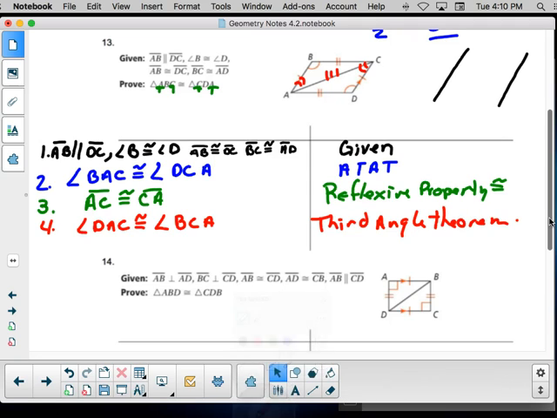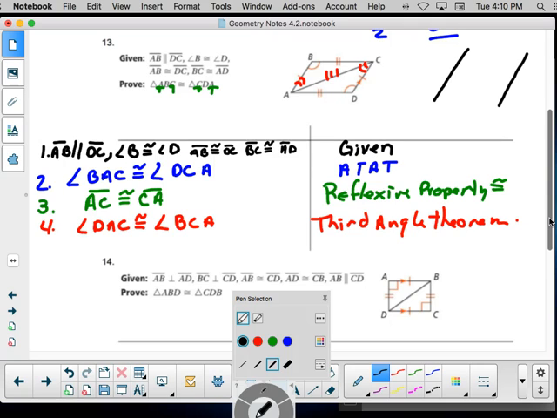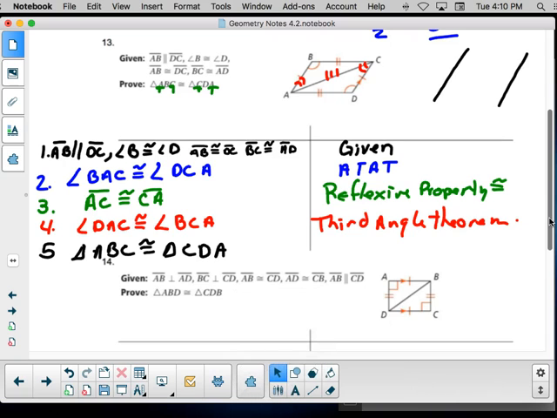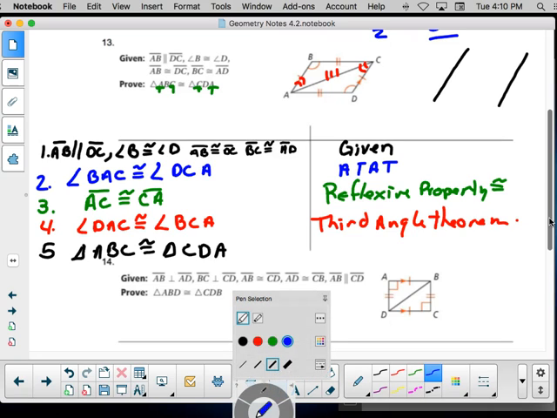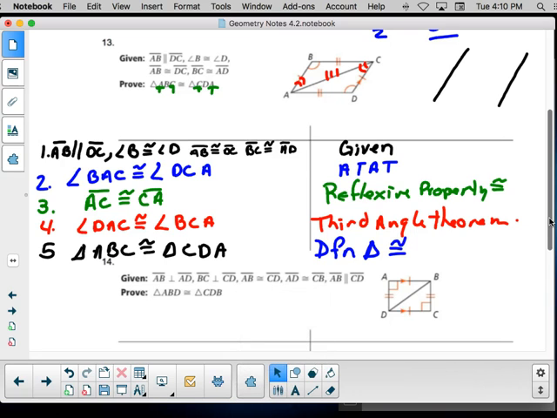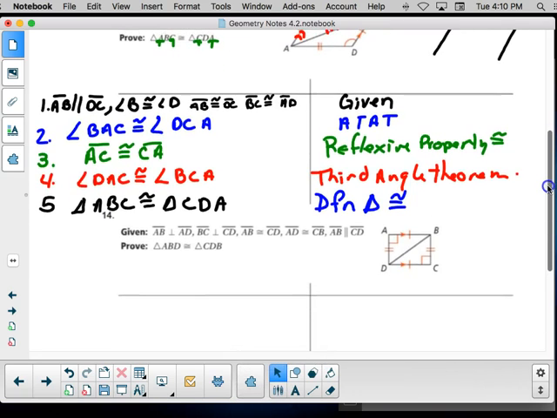Now my last step in black, because it was part of the stuff that was provided to me at the beginning, 5, triangle ABC, that's what I'm supposed to prove, the very last step, is congruent to triangle CDA. Now, keep in mind, it's a different reason than to prove. It's because of definition of triangle congruence. Okay, now we're done with that theorem and proof.